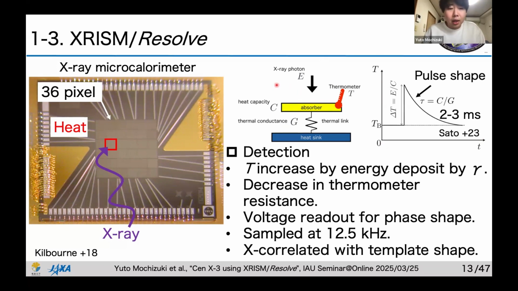When X-rays hit the detector, the temperature of the absorber increases and exponentially decays over time. The resistance of the temperature sensor in the absorber is sensitive to temperature changes, so by measuring the change in current, we obtain the digitized pulse shape.